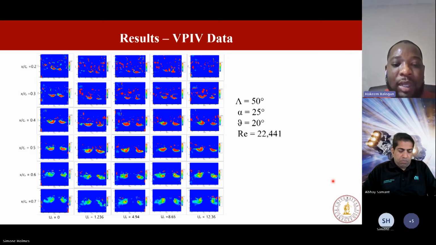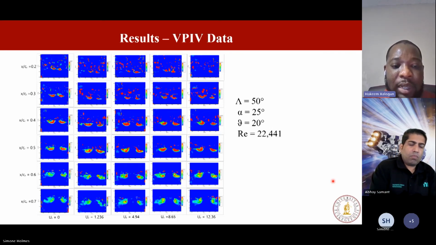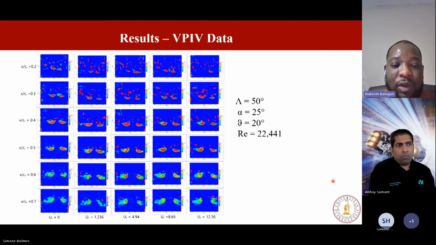Now, if you look at the introduction of trailing edge jets into the flow, the trailing edge jets mitigate the expansion and diffusion of the vortical structures. And this is shown by the vortices generally reducing in size at a breakdown location of 0.3 and 0.4 as we increase the jet velocity ratio going to the right.